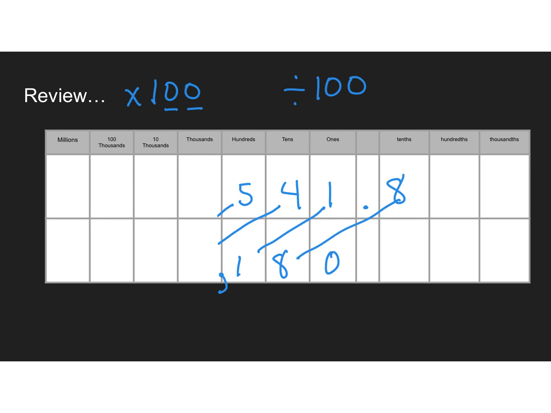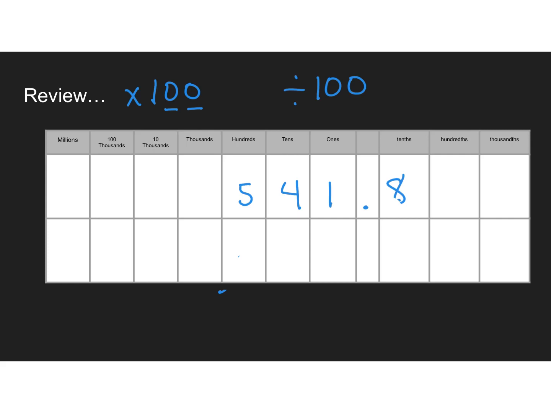Now let's divide by 100. Remember, 100 is still equal to 10 times 10, so we're going to divide across two place value lines. So let me erase, and then let's try this one by dividing. Okay, to divide by 100, we would have to go across two place value lines because remember, 100 is equal to 10 times 10.